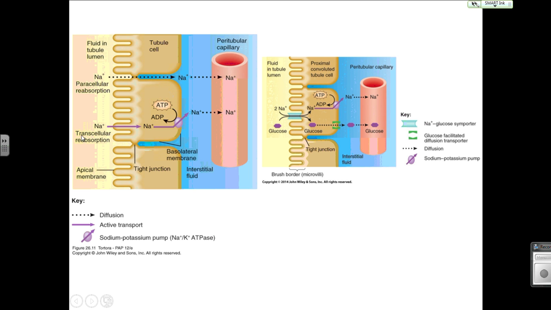Trans, remember that prefix always means across, through. So this is where the cell actually reabsorbs the substance, and then it goes into the bloodstream, whereas in para it goes between the cells. That's the only difference. Ultimately, the same result is moving it into the bloodstream.